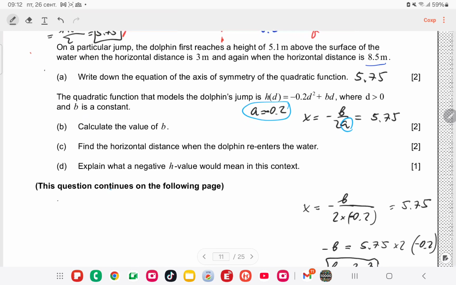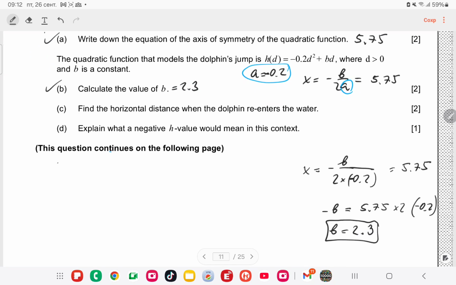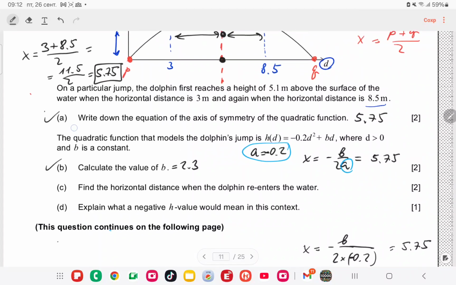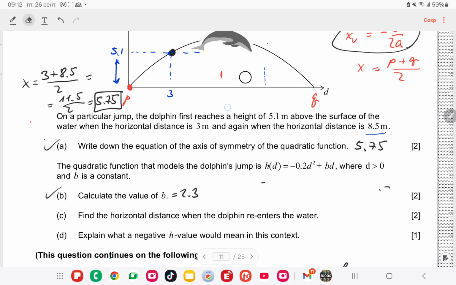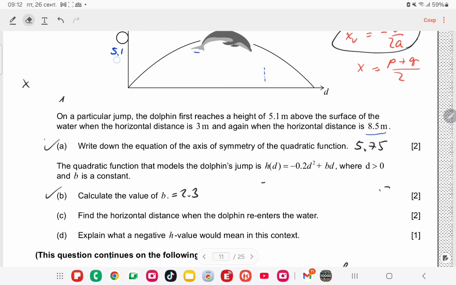C is our next part. So b done, a done, b is equal to 2.3. Now find the horizontal distance when the dolphin re-enters the water. We should identify what it means in the context of the problem. Re-enters means entering a second time.